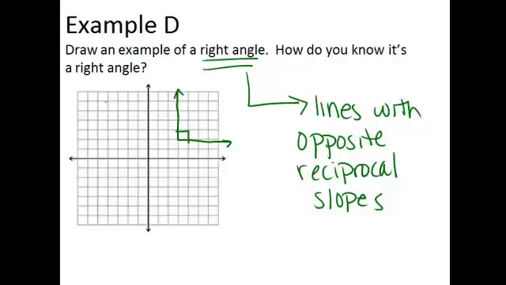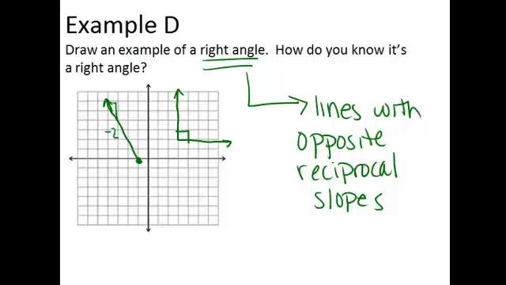So say this was one of our line segments or rays, and we're trying to figure out where the other ray should go to make it a right angle. So this line right here has a slope of -2 because we go over 1 and down 2.